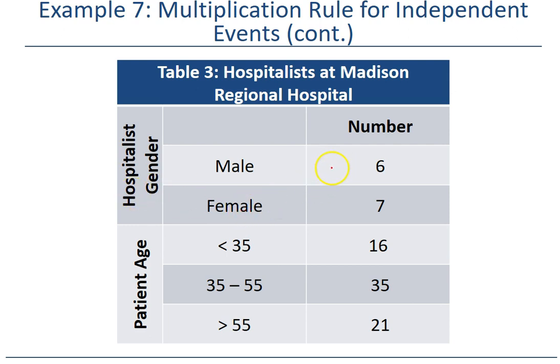Now over here, how many hospitalists are we dealing with? Well, we'd have to add these two, and we're going to get 13. And how many patients? Add these 3, and we get 72.